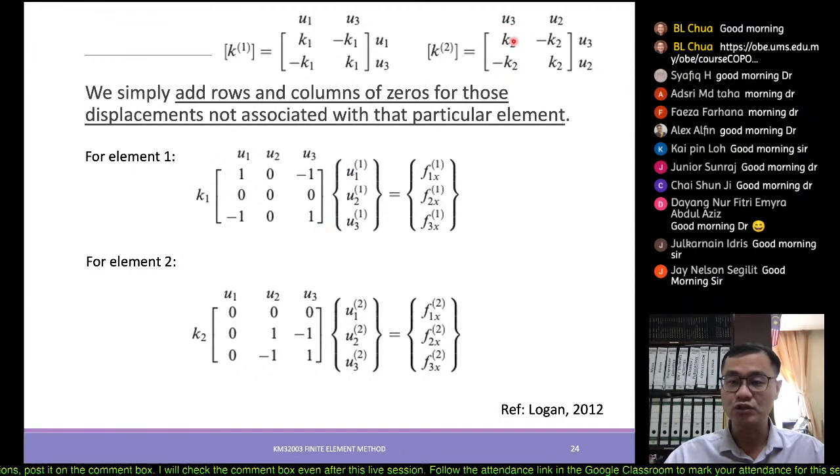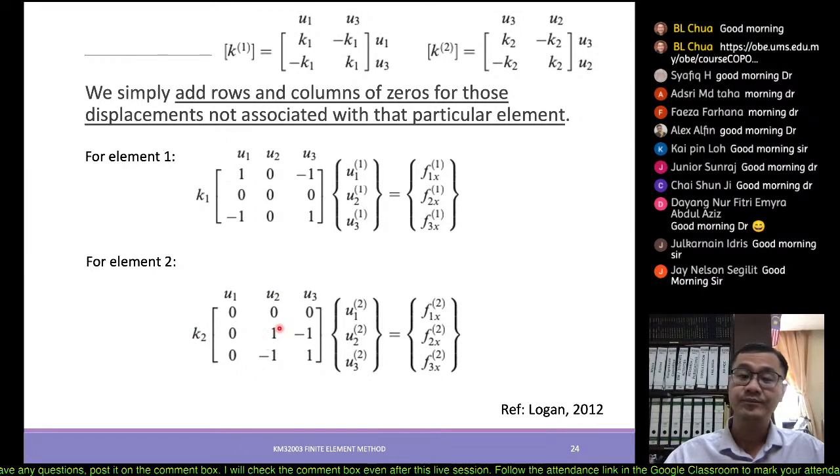If we rearrange, U3 is K2, so this is K2, and U3, U2 is minus K2. Then U2, U3 is the location with minus K2, and same thing for U2, U2: this location is K2.